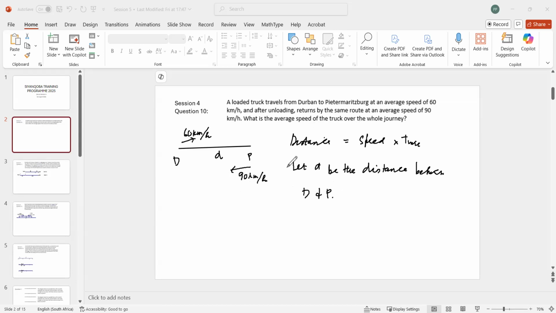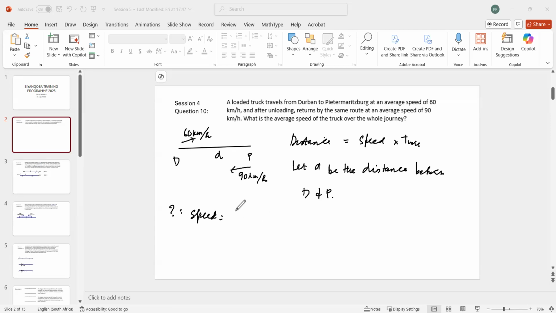All right, so it means for the whole journey, the distance is 2d. So you want average speed.